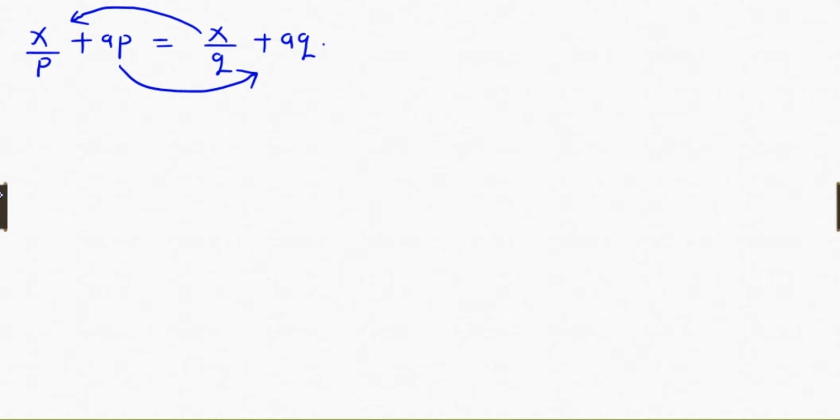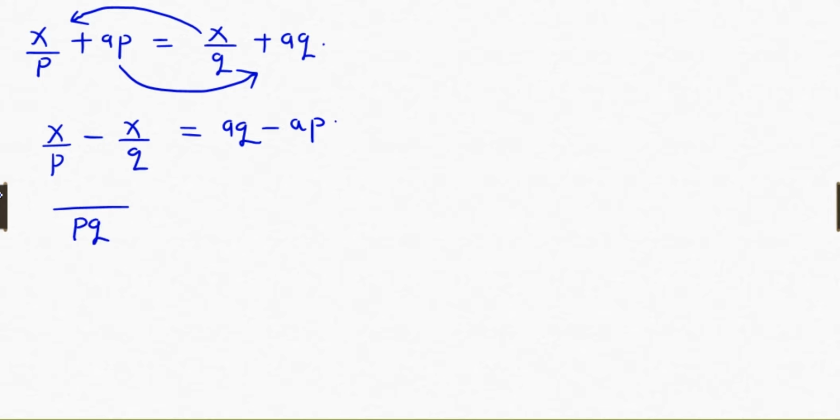So we shall have x over p minus x over q is equal to aq minus ap. So we find the LCM, which is pq. Then pq divided by p, we are going to remain with q, so we shall have qx minus px over pq.